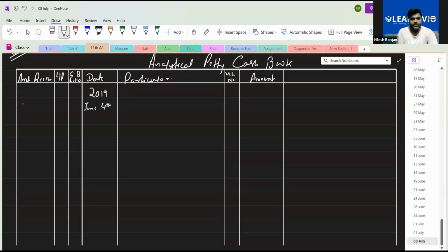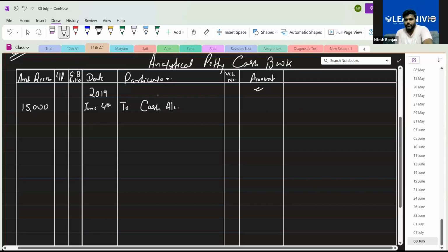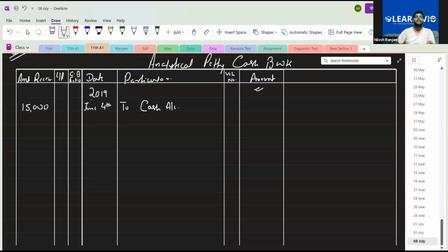How much? 15,000. So to cash account. After that, all the transactions will be written in this amount column. So the first time, either the balance b/d or the amount we receive, it will be written on the left side, amount received column, and all other expenses will be written in the amount paid column.